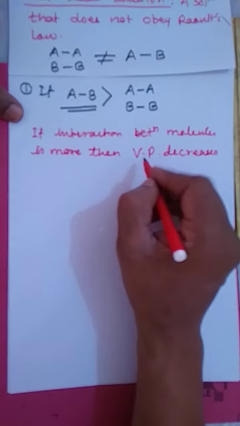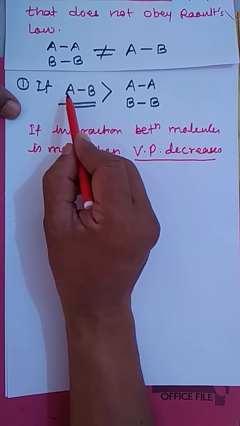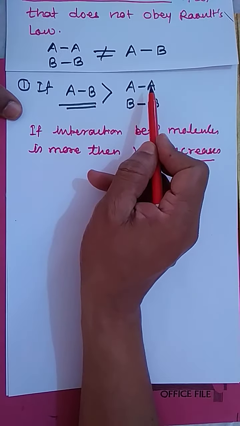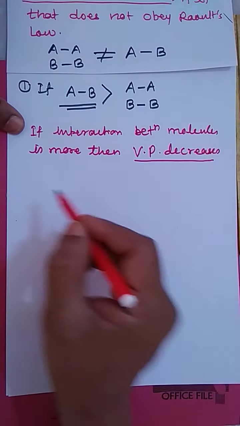So in this case, vapor pressure decreases as the bond becomes strong between A and B in comparison to A and A, B and B. So vapor pressure decreases.